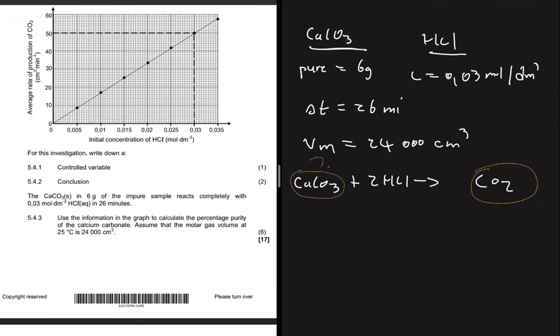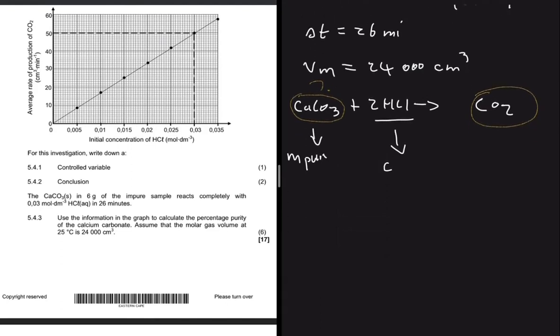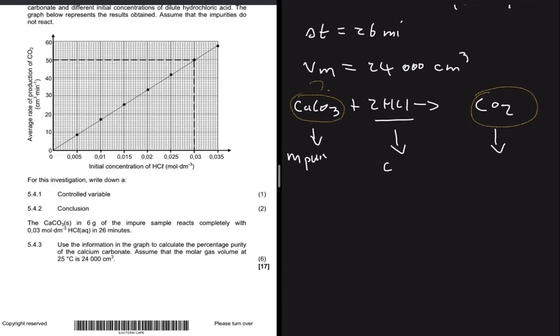And then what do we have? For CaCO3, we only have the mass of the pure substance. And then for 2HCl, what's the information we have for HCl? We only have the concentration. And then for CO2, we have the molar gas volume, we have the average rate, we have the reaction rate, and then we have the time of the reaction.